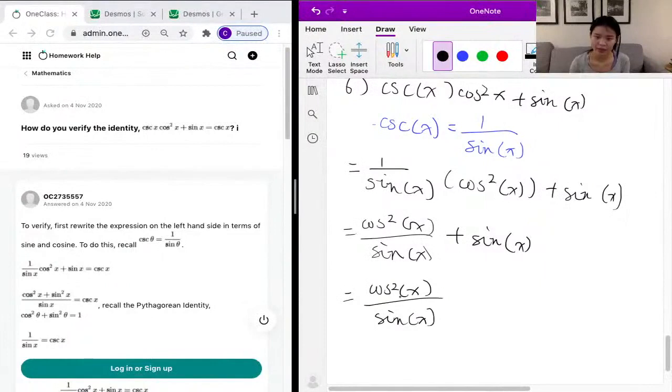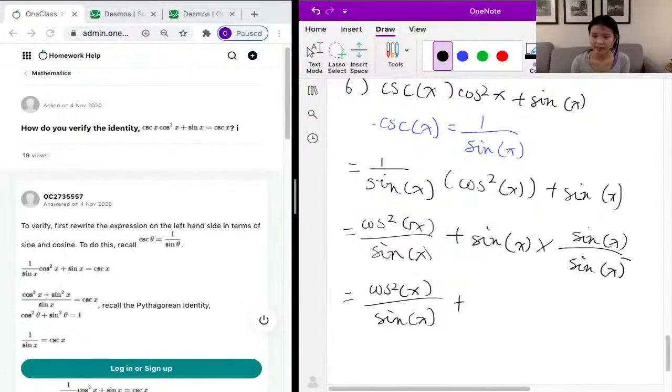We know that cos squared x over sin x, we're just writing down as the same term as what we had in the previous step. But in order for sin x to have a denominator of sin x, we need to multiply the sin x term by 1, and we need to write this 1 in a special form. We write this 1 using sin x over sin x.